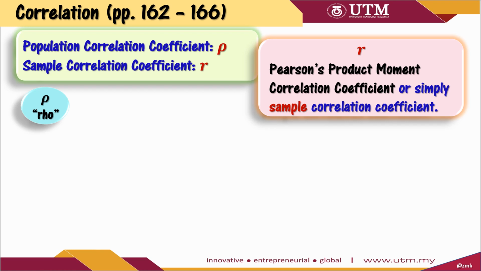Another type of correlation coefficient is Spearman's rank correlation coefficient, which can be used for rank or qualitative data, but this is not covered in this course syllabus.